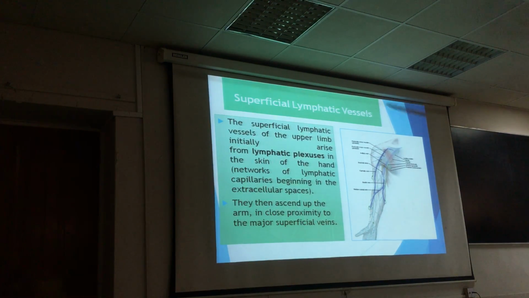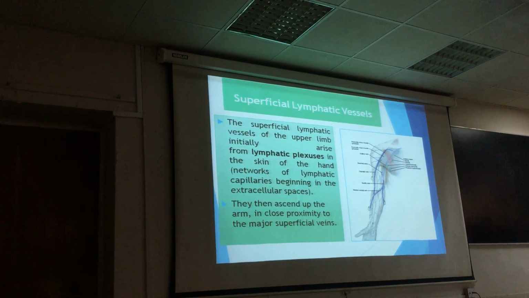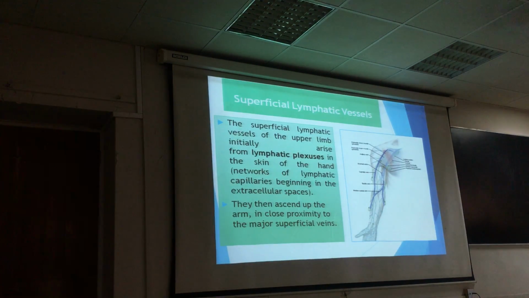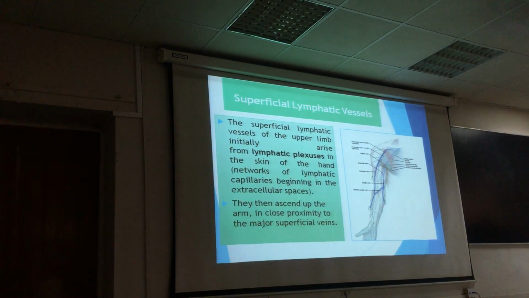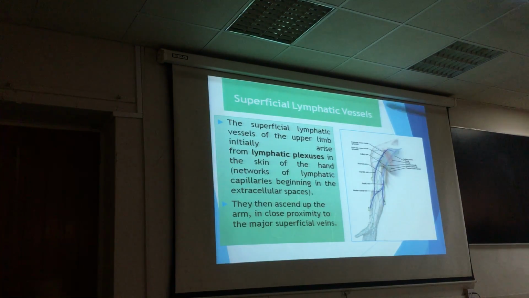Now I think by now you know what the lateral and medial sides are. When we talk about lateral and medial, we mean when we are standing in the anatomical position. Now I am standing in the anatomical position, so my arms are going to face forward. My arms will not be like this. My arms will be facing forward.